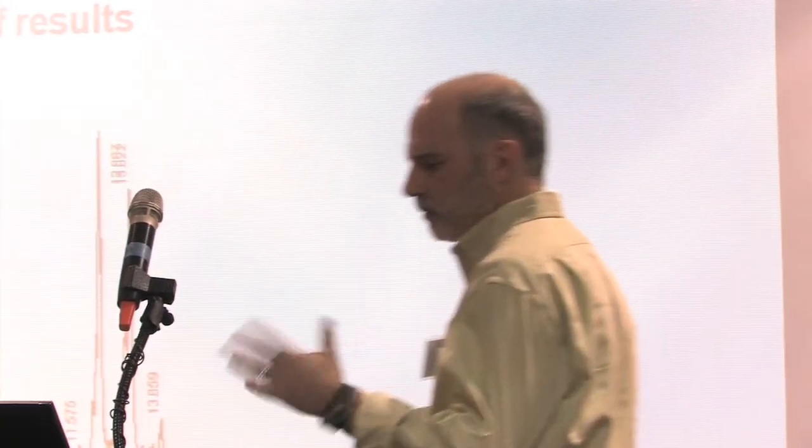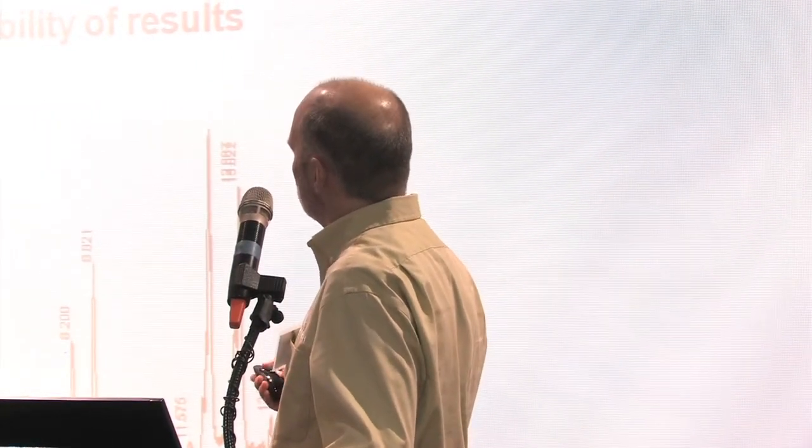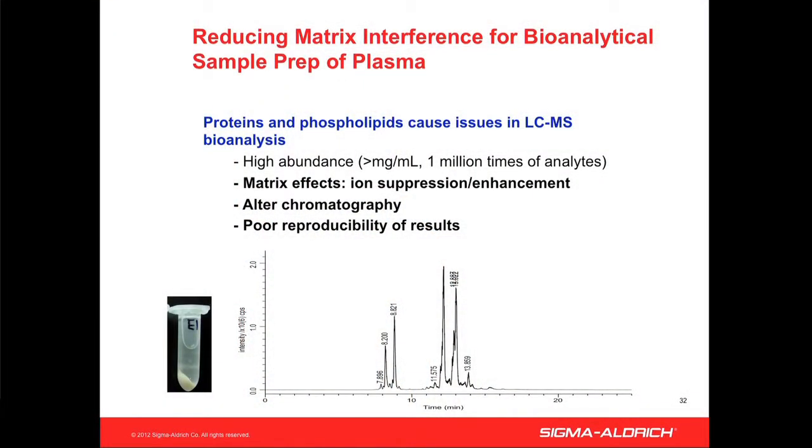Conventional sample prep methods are not effective in reducing phospholipids. Phospholipids cause problems with matrix effects of ionization suppression in mass spec sources. It can alter chromatography and gives poor reproducibility of results. This is what you're seeing here, simply a chromatogram. This is an MRM.